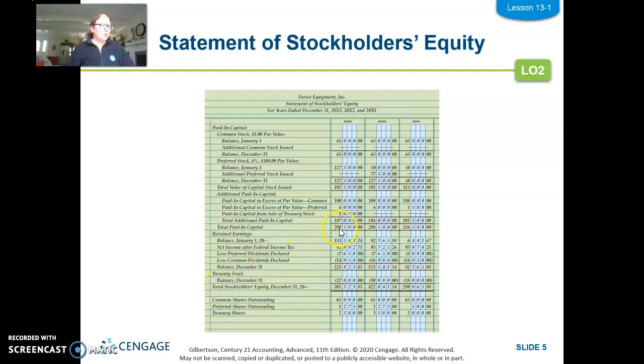So we take that total paid-in capital of $299,500 plus the total retained earnings of $223,823.85 minus treasury stock of $22,000 to get to our total stockholders' equity. And then we have our number of shares related to common stock, preferred stock, and treasury stock for each year.